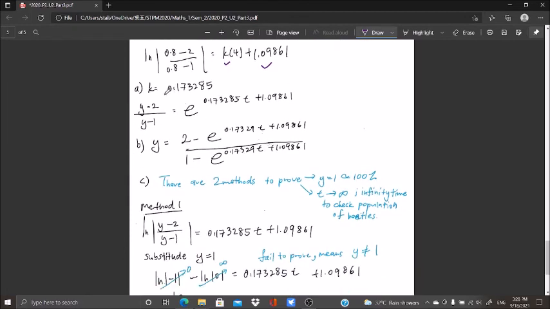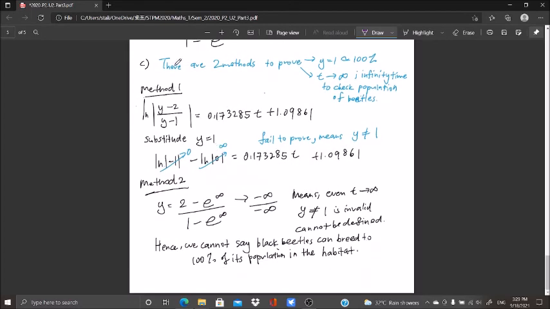So this is how I obtain the value of k here, and then I obtain y in terms of t. I just rearrange. I exponentiate this, and then I rearrange for y.